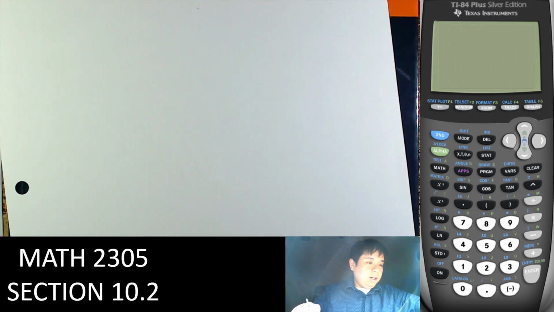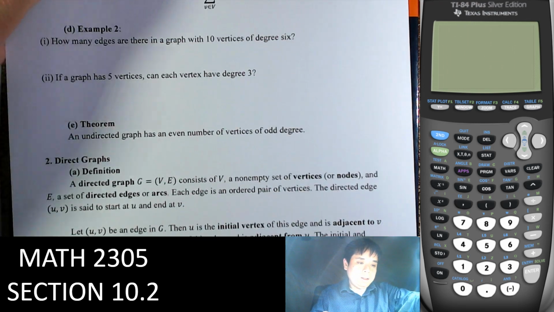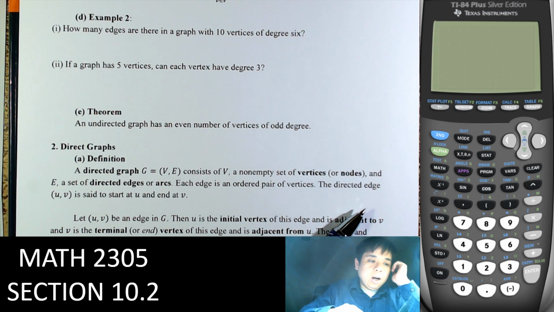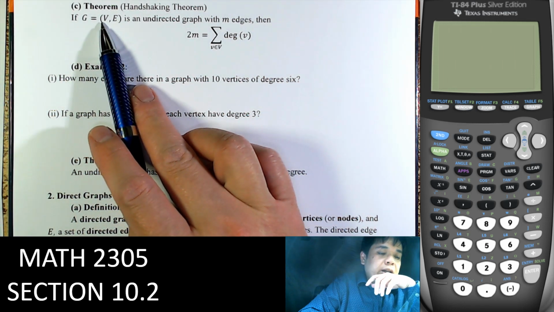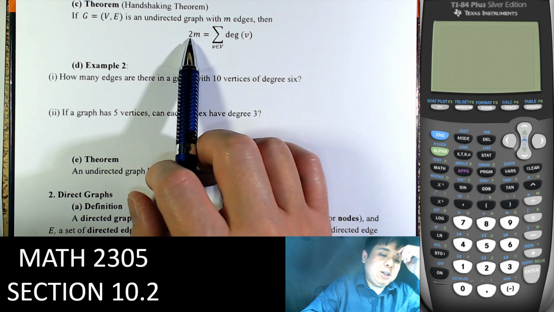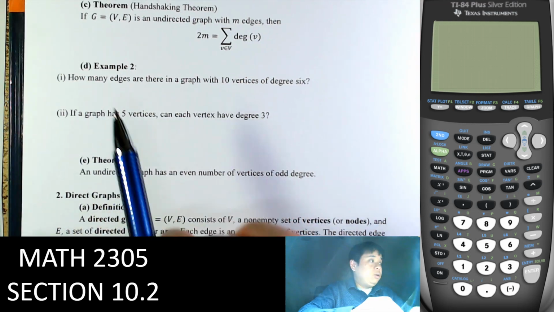Right. Next we have the handshake theorem. So we say that if G is an undirected graph with m edges, then 2 times the number of edges is equal to the total of the degrees. So here is an example.